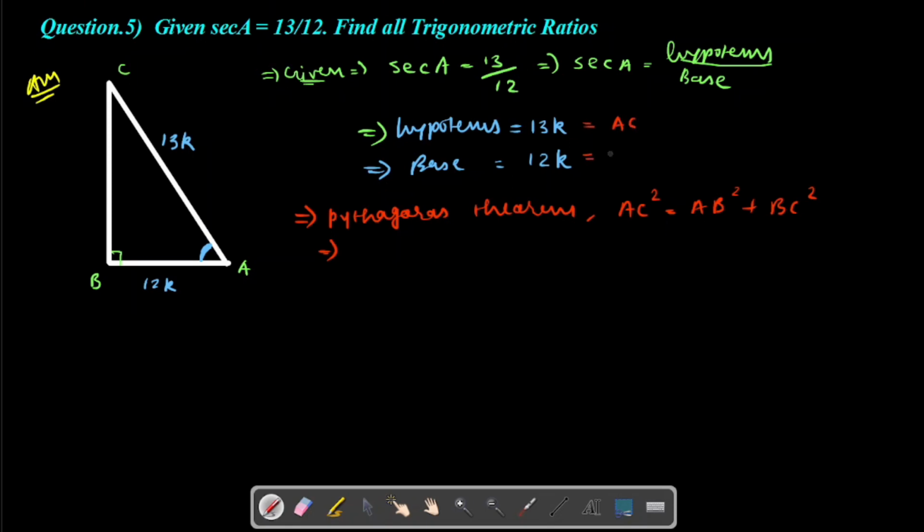We are given AC, the hypotenuse, and AB, the base, and we have to find BC.